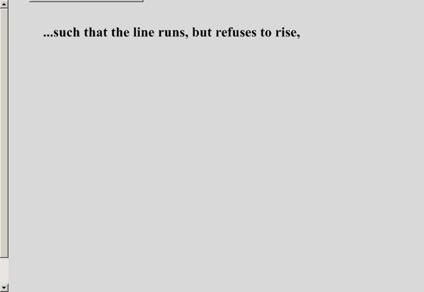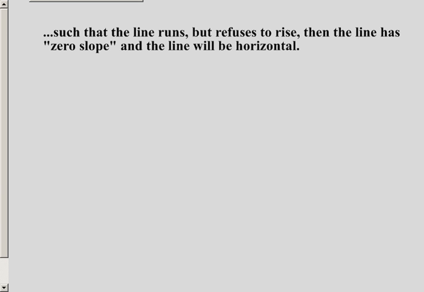Now, let's say that we look at a slope value and we come across a situation where a line will run, meaning its denominator is moving, but it refuses to rise. So the numerator's value is actually 0. As we move from one point to the next point, the numerator did not change.